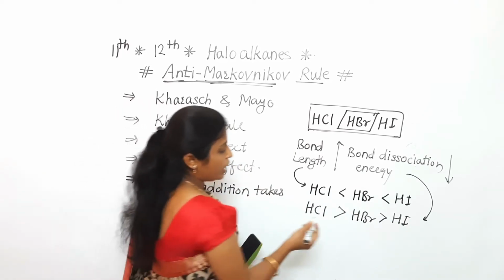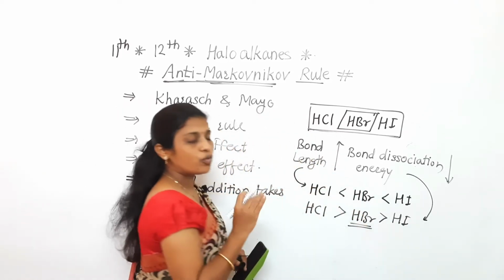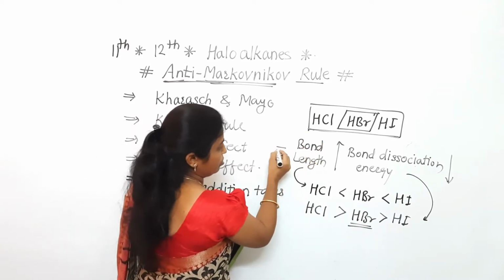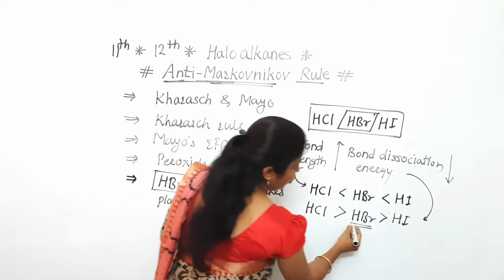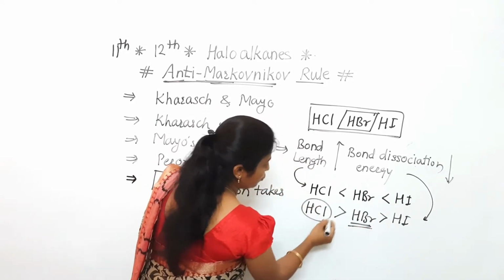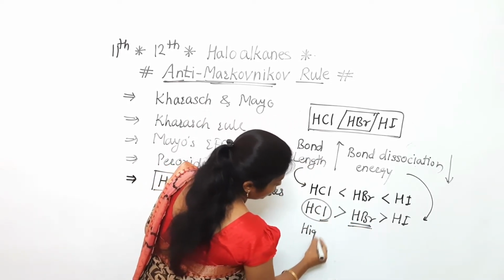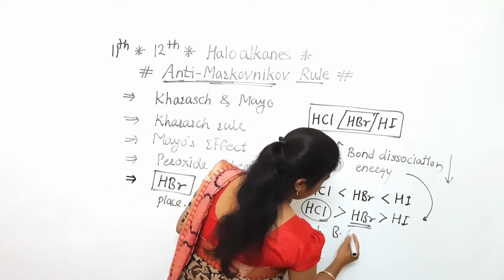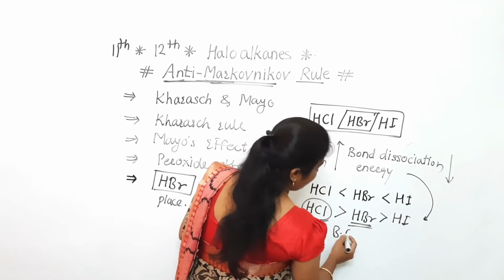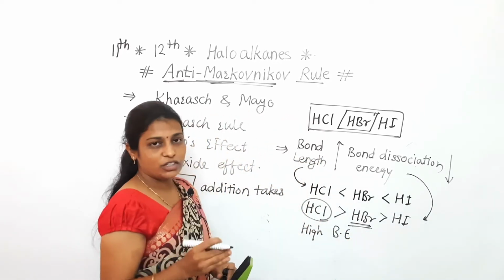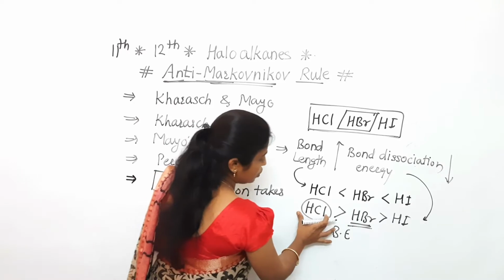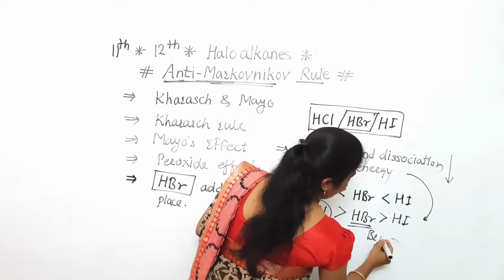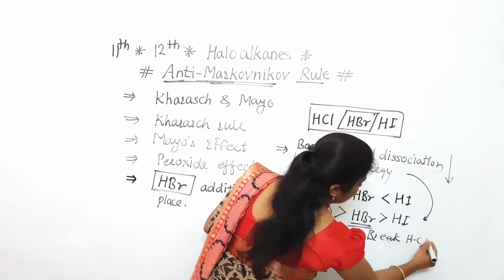Then now see here, HBr: why do we select it, or why is it applicable for HBr? This is a very important concept. In the case of HCl, the bond dissociation energy is high, so high bond dissociation energy is required, the required energy is the highest, and because of that it is not possible to break the HCl bond.